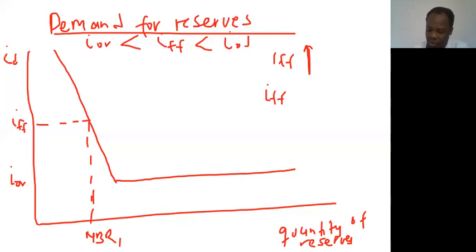If I keep my money as a reserve, I'm earning an interest of, let's say, 5% IOR. And if I decide to give that money out through the federal funds market to another bank at a rate of 7%, then my opportunity cost of holding reserves is 2%.